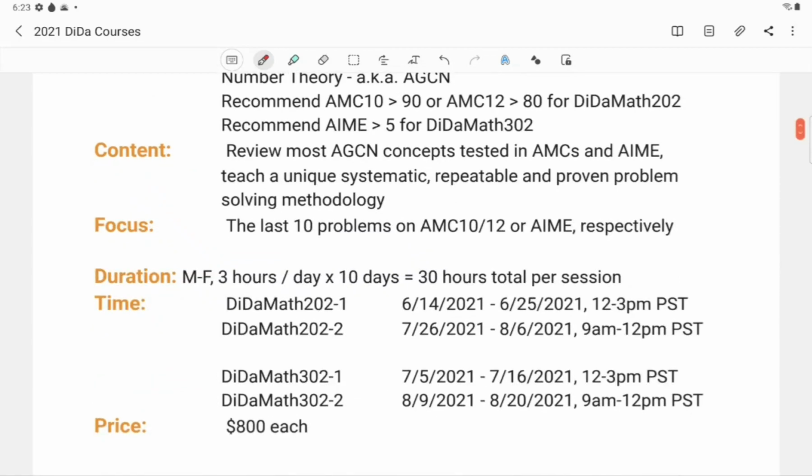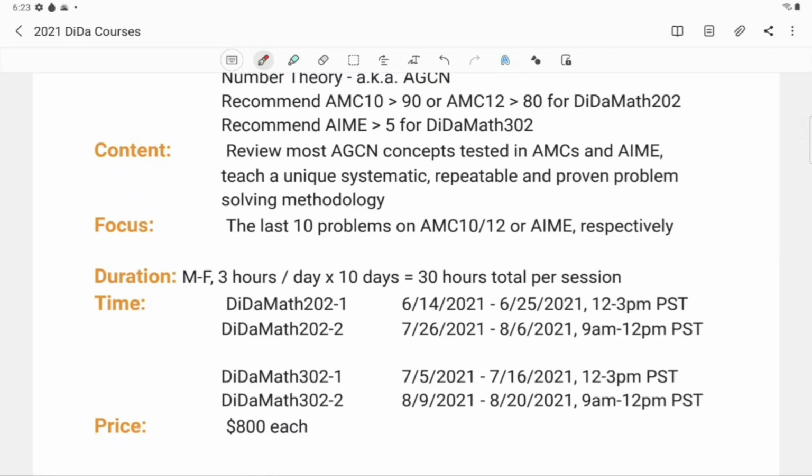And the content for both classes will be reviewing most of the concepts tested in the respective tests. But again, the focus will be on teaching a unique, systematic, repeatable, and proven problem-solving methodology.